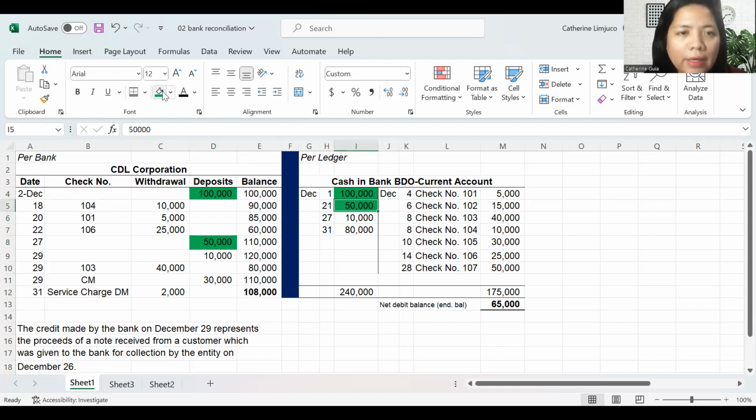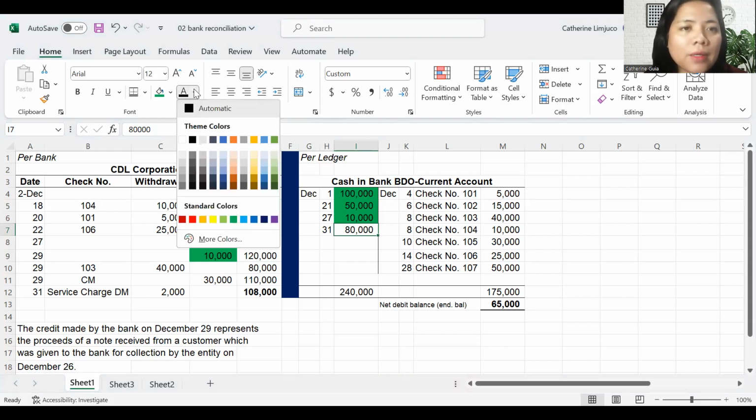50,000. And how about 10,000? 27, 20, 10,000. Yes, it is also shown or reflected in our per bank statement. How about 80,000? Is the amount also reflected in the bank statement? So I did not find any 80,000 here under the deposits column. So therefore, this will be our reconciling item.